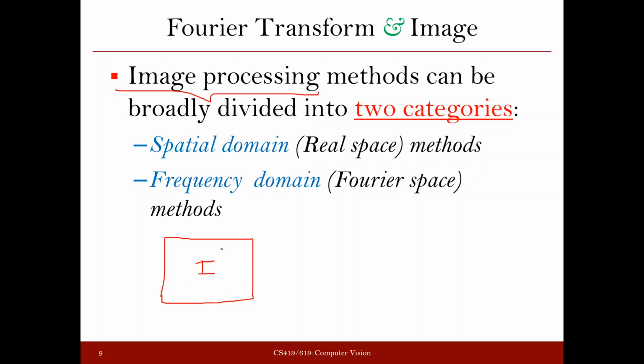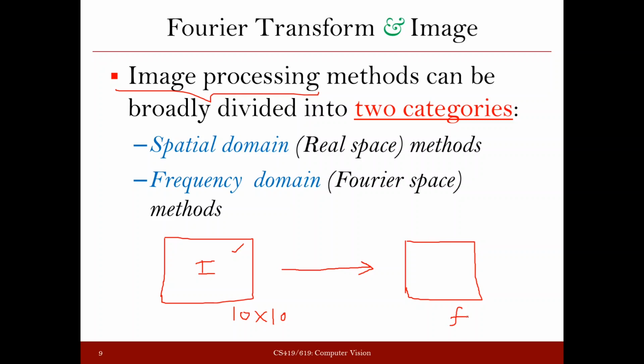This is a normal image, let's say a 10 cross 10 image, so you have 100 pixels. Every pixel has some intensity. Now you want to do some operation on these intensities, so you can directly do it on those pixels. But now you have an alternate representation: you say that this image can be converted to an alternate representation using frequencies.